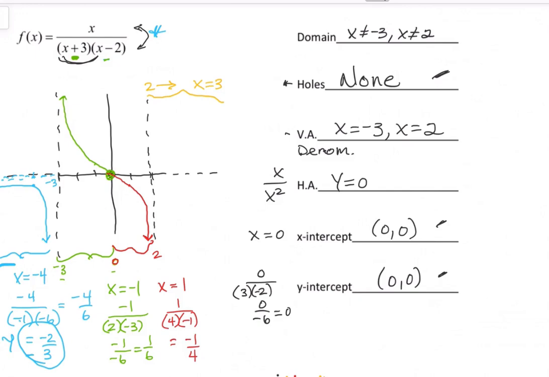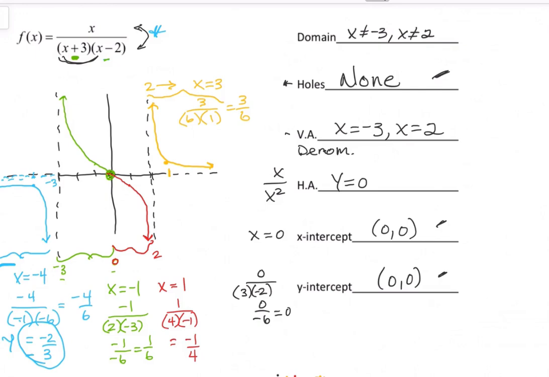If I plug that into the original function, I'm going to get 3 over, 3 plus 3 is 6, 3 minus 2 is 1, so I'm going to get 3 over 6, which is +1/2. So if I plot 3, 1/2, it tells me that the branch on that side is above the x-axis. And there is the graph of that function.